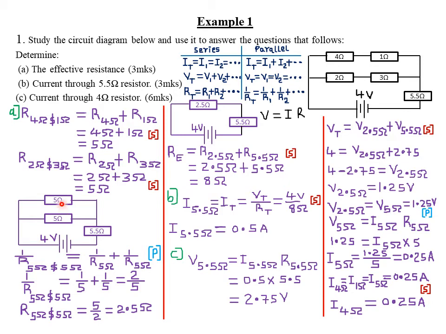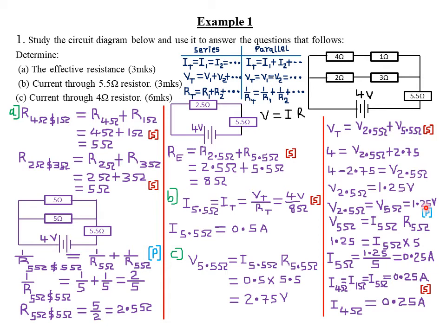The reason being they are in parallel connection, and for parallel connection we have shown that V total is equal to V1 is equal to V2. Now the voltage through the 2.5 is equal to the voltage through the 5 ohm resistor, which is 1.25 volts.